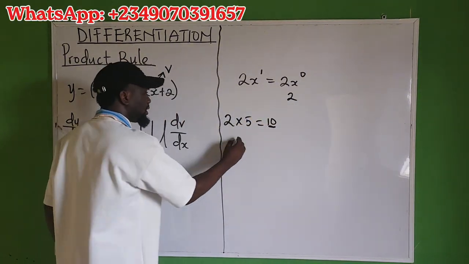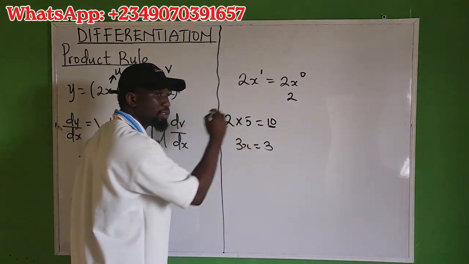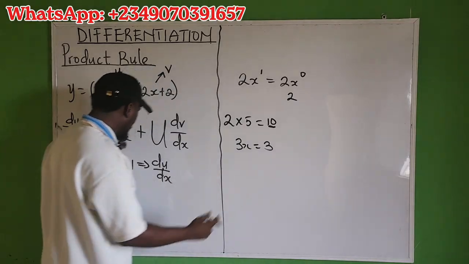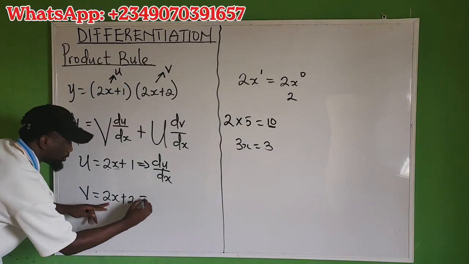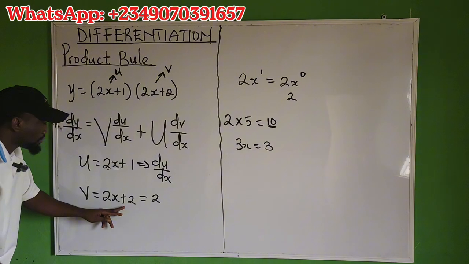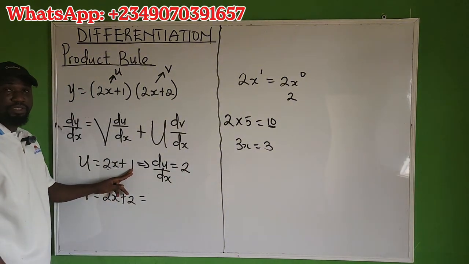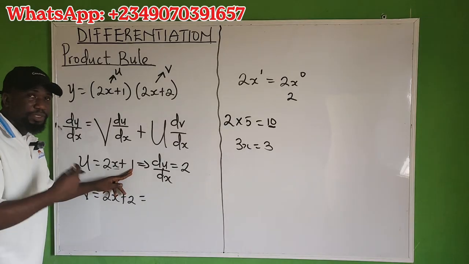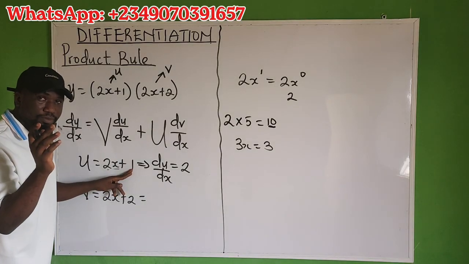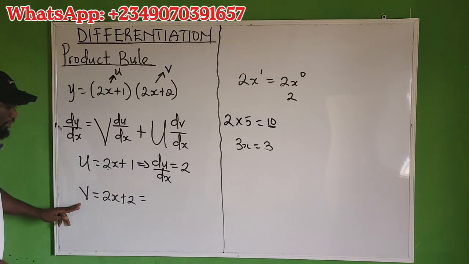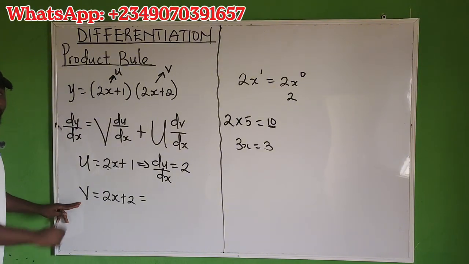If I differentiate 3x, that is 3. If I differentiate 4x, that is 4. So this will give us 2. And this one is a constant. Differentiating a constant gives 0. Alright, so in this case, we are going to differentiate v with respect to x.